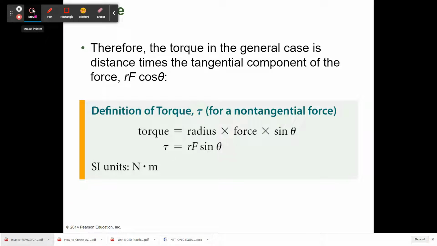That means for a force that's applied at an angle, the torque is going to be equal to the radius times the force times the sine of theta. And this is for a non-tangential force.